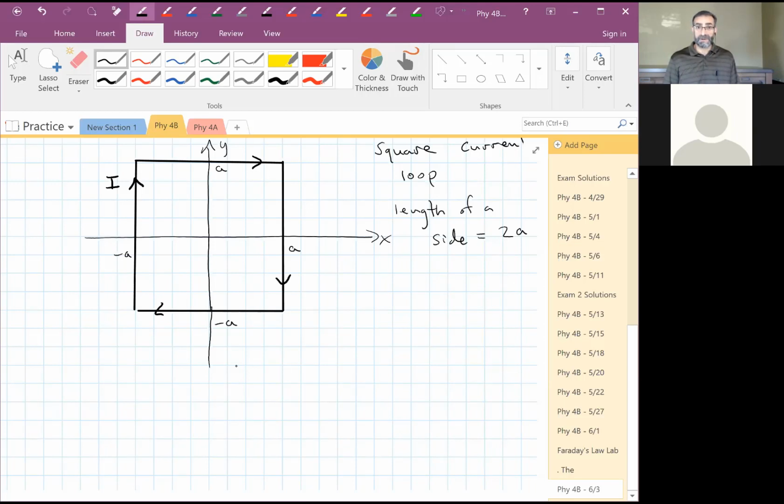Because it's symmetric, they're all going to contribute the same amount to the magnetic field at the origin.